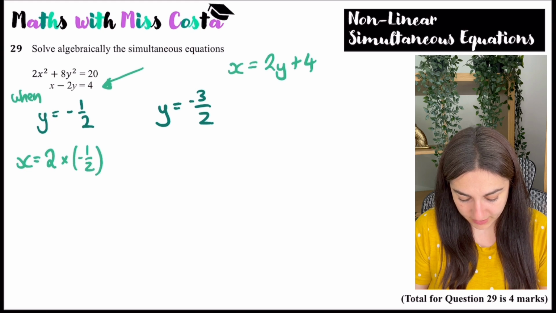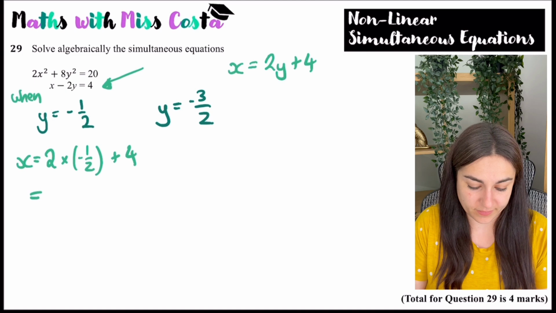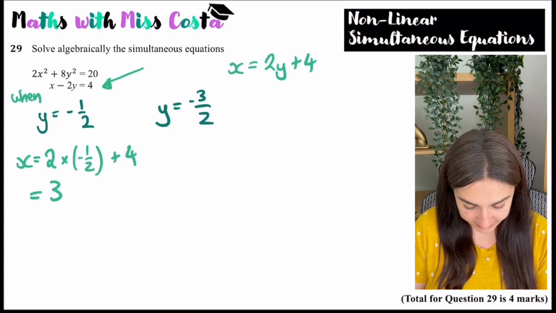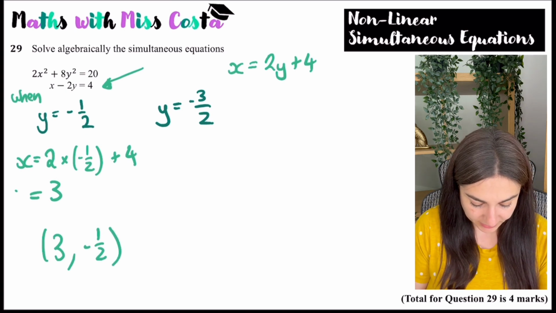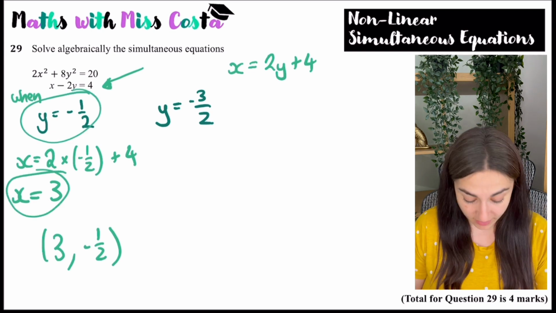So when y is minus a half, x is going to be 2 times minus a half plus 4. So 2 times minus 0.5 is minus 1, plus 4 is 3. If they wanted it as coordinates, you would write 3, minus a half, but they haven't said that. So you just say y is minus a half, x is 3.